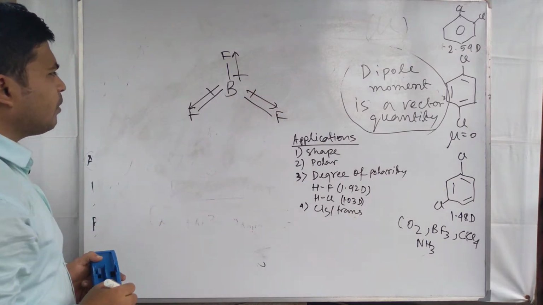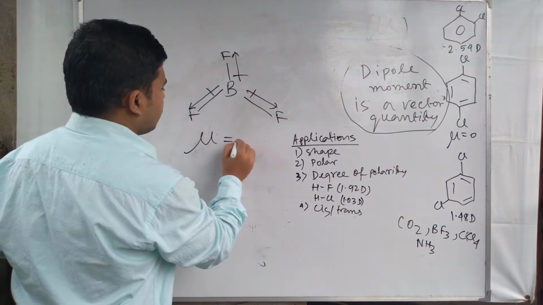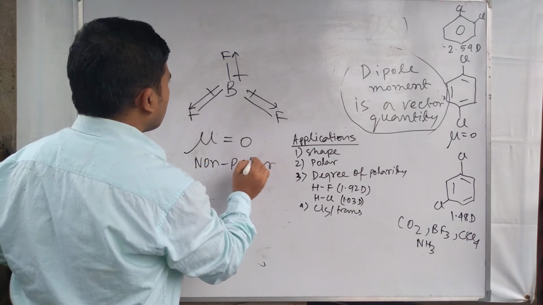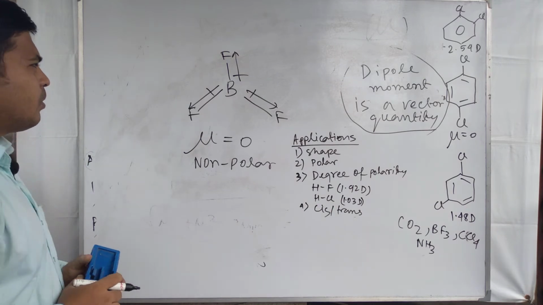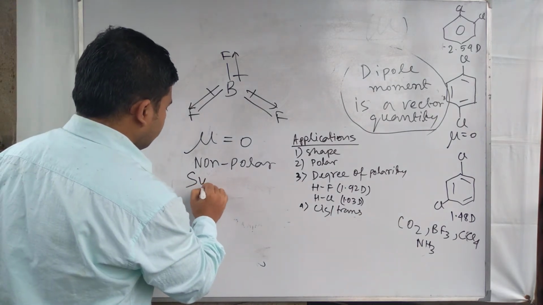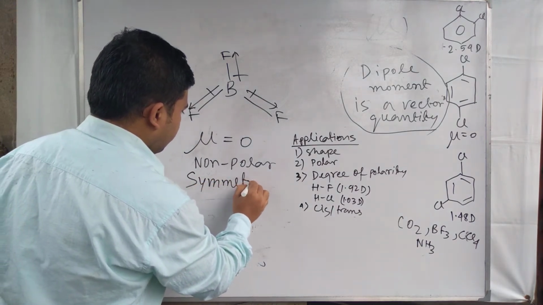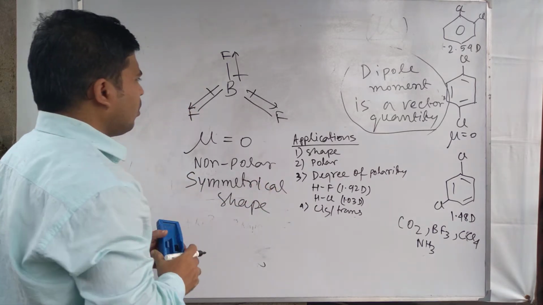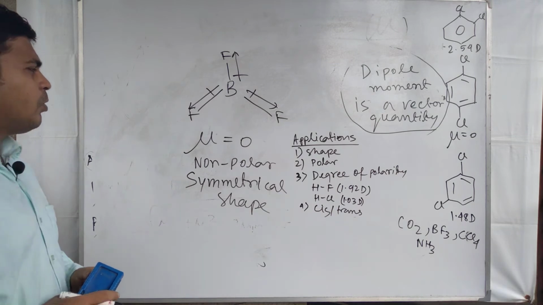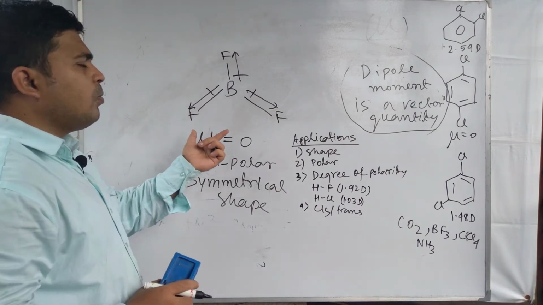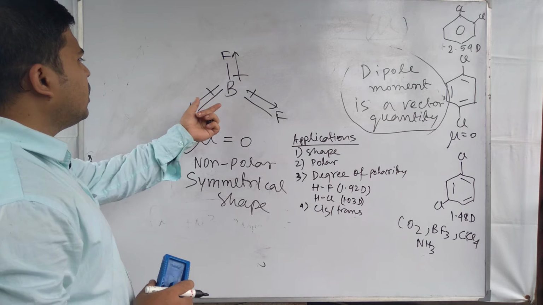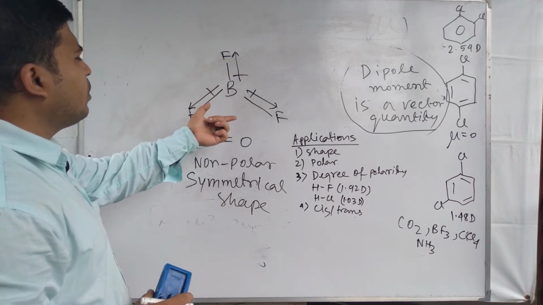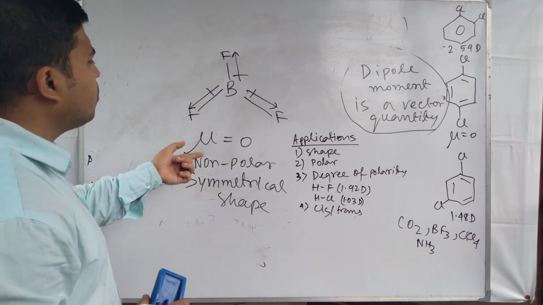Here the dipole moment is 0 and the molecule is non-polar because of its symmetrical structure, because of its symmetrical shape. Because of the symmetrical shape of the BF3 molecule, the dipole moments of the three equal bond moments present in the three BF bonds cancel. So for this reason the molecule is non-polar here.